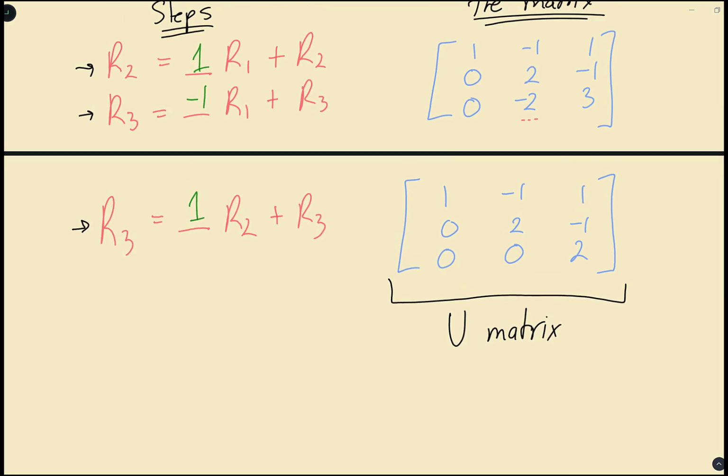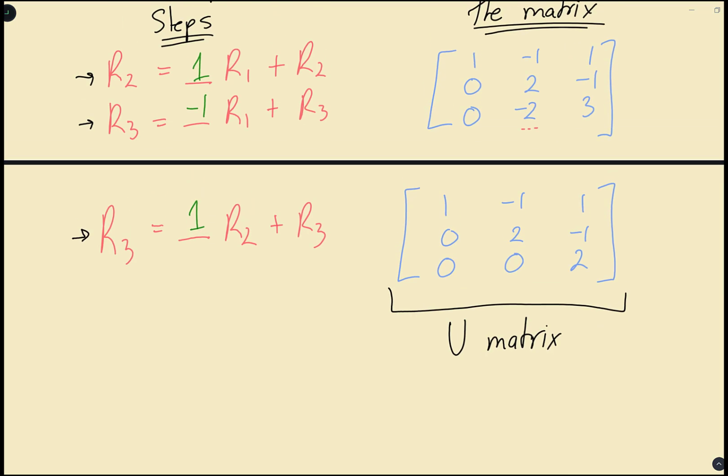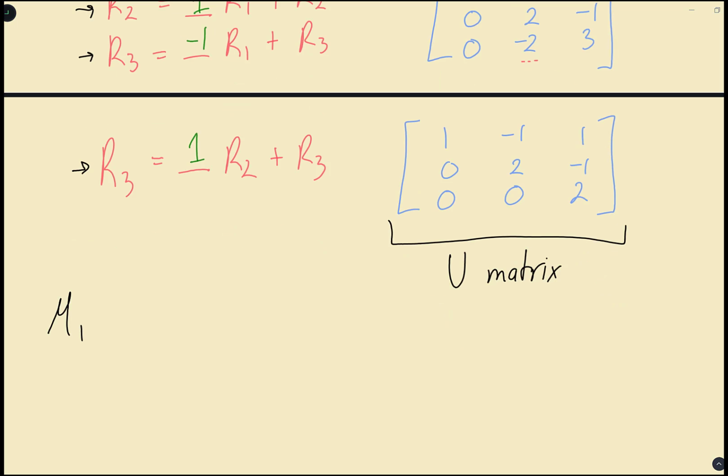So if we represent these with elementary matrices, basically what we're saying is if we have M1 multiplied by M2, so this would be the first row operation, this would be the second row operation, and then M3 multiplied by the coefficient matrix A, we get the upper triangular matrix.